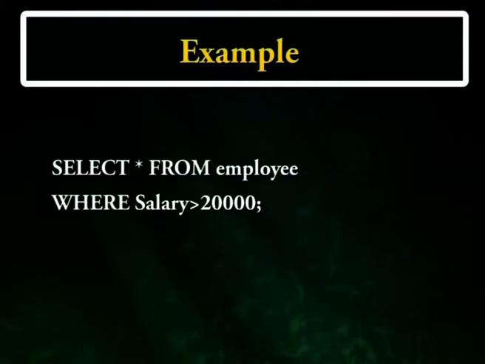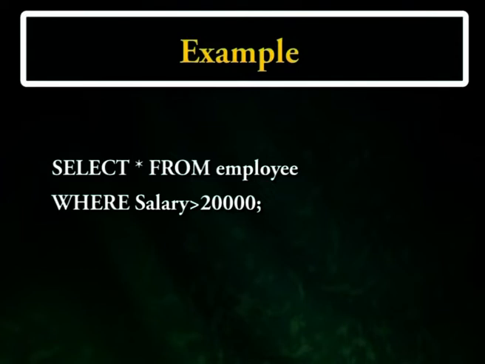Look at this example. Select asterisk from employee where salary greater than 20,000. Here in this query, the condition salary greater than 20,000 has been mentioned after the where clause. Thus, only those rows will be selected from the table employee whose salary is greater than 20,000.